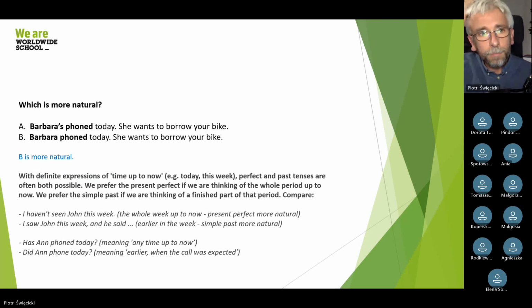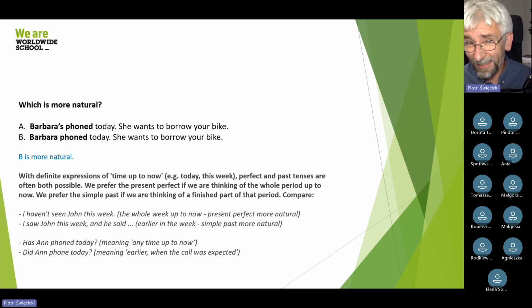Okay, which is more neutral? Natural. Natural. That's a slight difference. Which is more natural? What do we have here? Barbara's phoned today. She wants to borrow your bike. Barbara phoned today. She wants to borrow your bike.